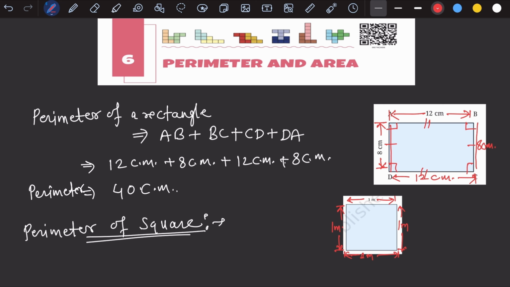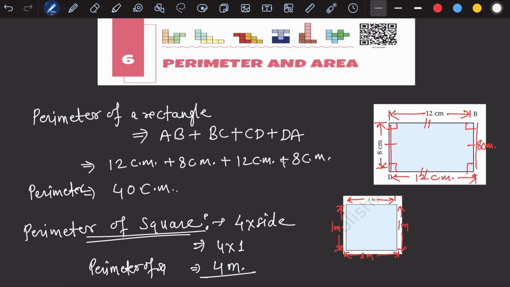So we know the property of a square, that all sides are equal. So we can calculate the perimeter as 4 into side. Directly we can put 4 into 1, so 4 meter will be the perimeter of the square. In case of a square, we can calculate the perimeter like this.